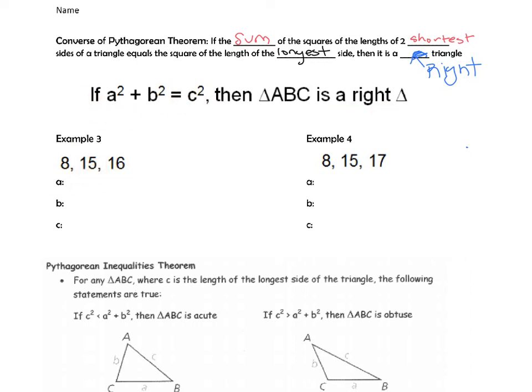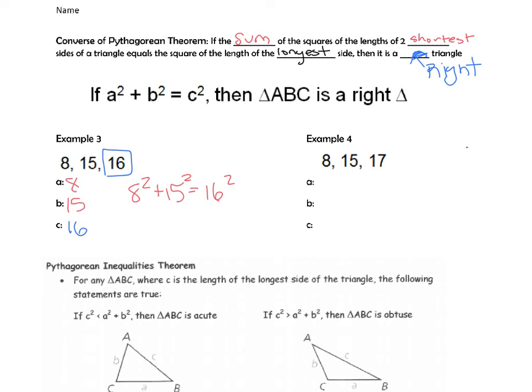Well, simply we're going to just plug it into Pythagorean theorem. A would be 8, B would be 15, and C would have to be 16 because 16 is the longest side. So if we were to do 8 squared plus 15 squared, we should get 16 squared.